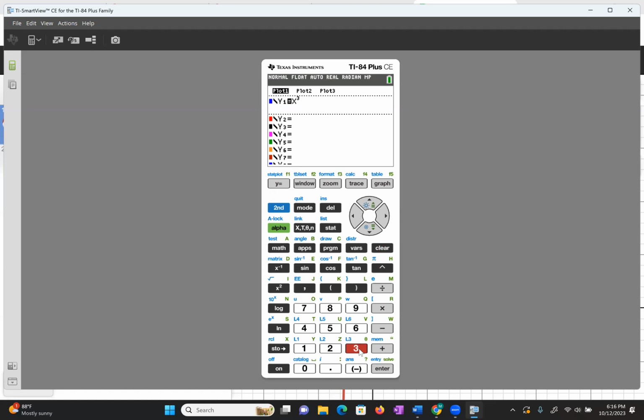I will not forget again, I promise. We're going plus 3x squared. So x, 3x, and we're going to raise that to the second power. The 3x squared. Okay, back out again. Minus 9x. Plus 4.